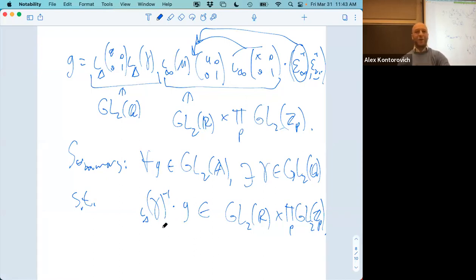Okay, so GL2A mod GL2Q, I can get it into this form.